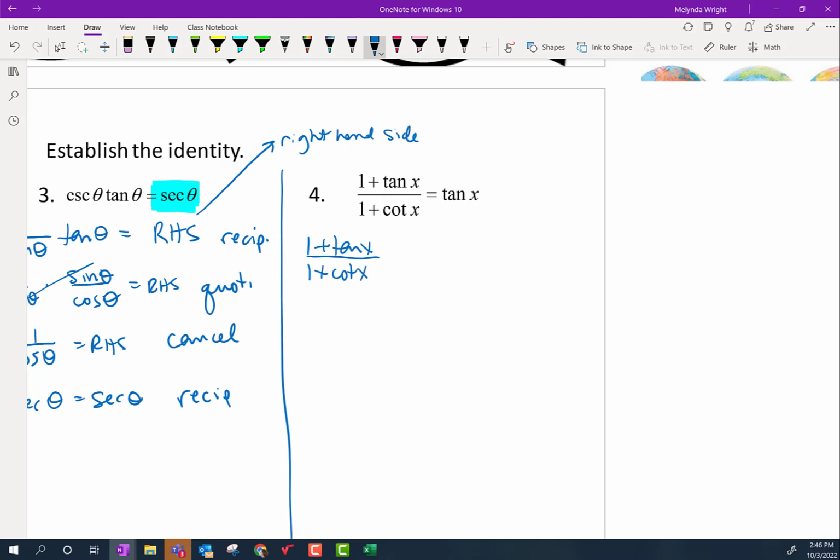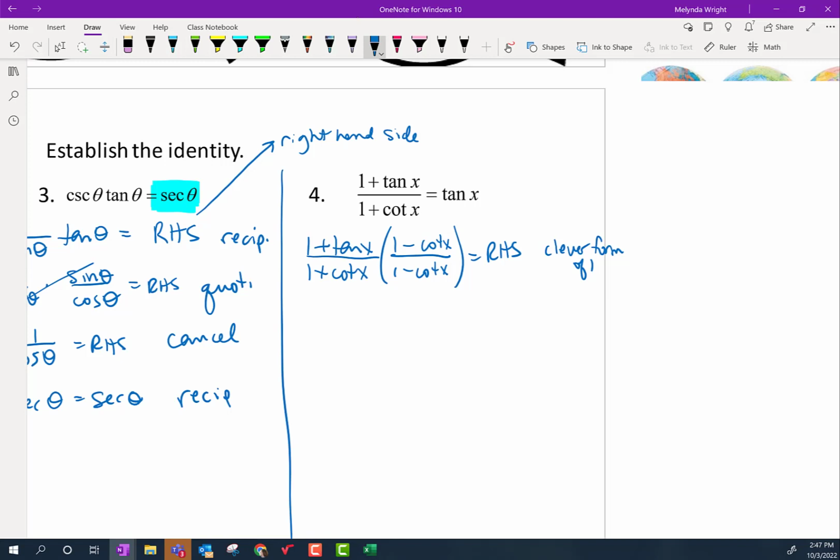I'm going to multiply that by 1 minus cotangent x over 1 minus cotangent x equals right-hand side RHS, and you can say multiply by 1 or a clever form of 1, whichever you want to. Okay, that's a clever form of 1.